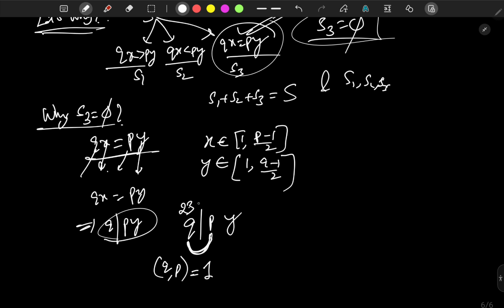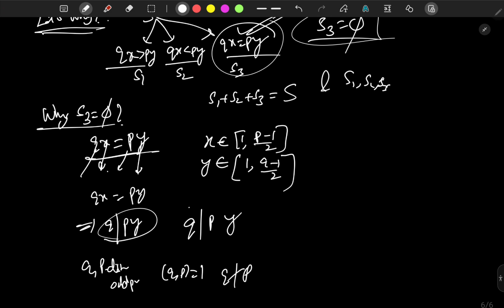If it is 23, 37, 79 or 53, then always the gcd of q comma p is 1. That means q doesn't divide p. I can conclude that from q comma p being distinct odd primes, the gcd of q comma p is 1 and q doesn't divide p.